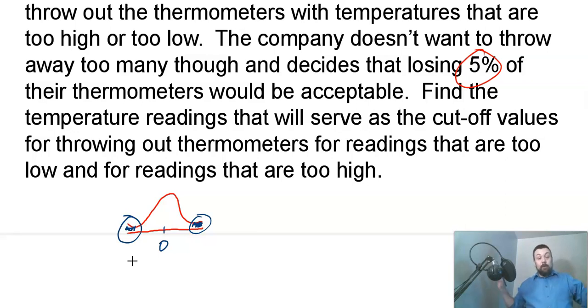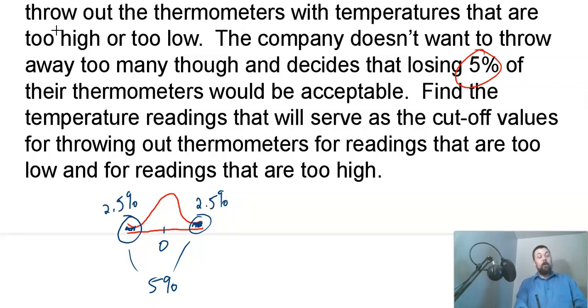And these will be in the extremes, so these will be in the tails of the distribution. And I want the total here to be 5% of all thermometers that we make. Half of it will be because they're too low, half will be because it's too high, because it's symmetric. And so I'm going to have 2.5% in the left tail and 2.5% in the right tail.